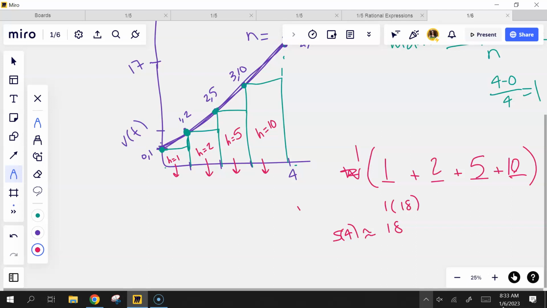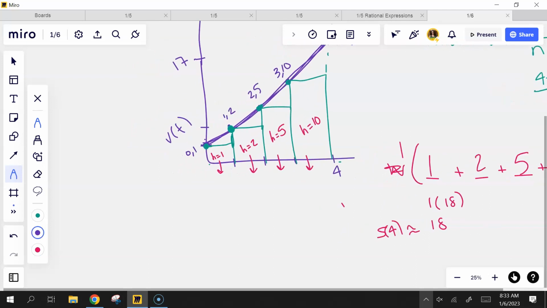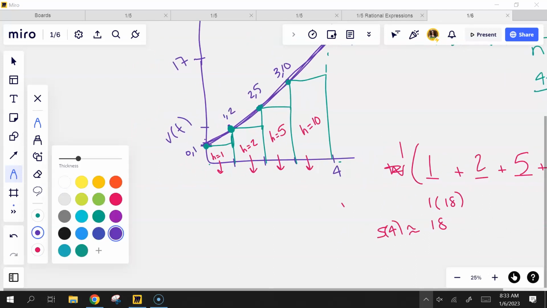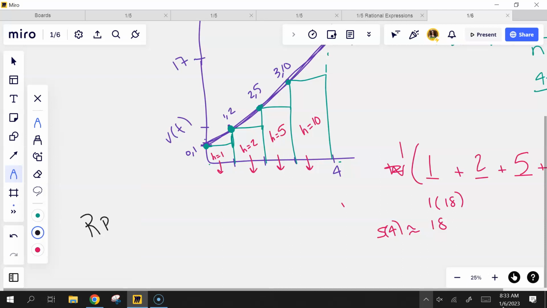See how it's different. If I do the right endpoints, this time I start at the endpoint, but I go over that width. That width was 1, so I'm going to go over 1, and this time this is the side of my first rectangle. Instead of going right, I'm going left, back over.